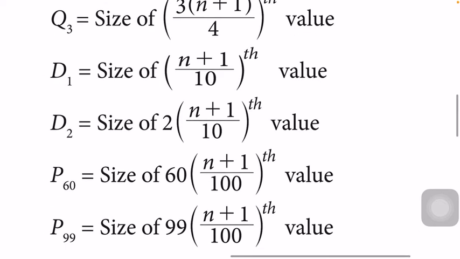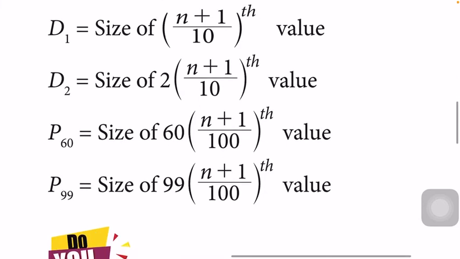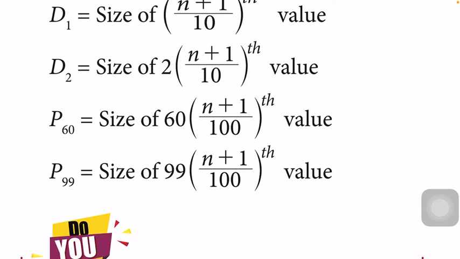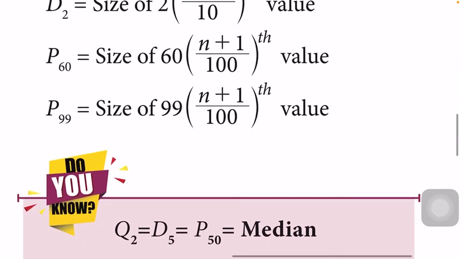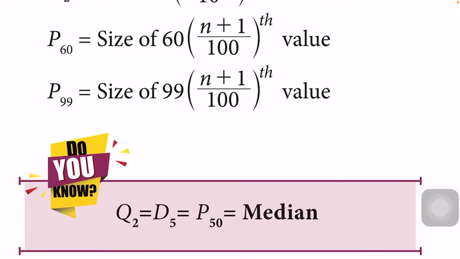Similarly P60, that is percentile: for percentiles, we have to divide by 100. So it is the size of 60 into (n plus 1) by 100th value. P99 is the size of 99 into (n plus 1) divided by 100th value. As we know, Q2, that is quartile 2, is equal to D5 is equal to P50 is equal to median.